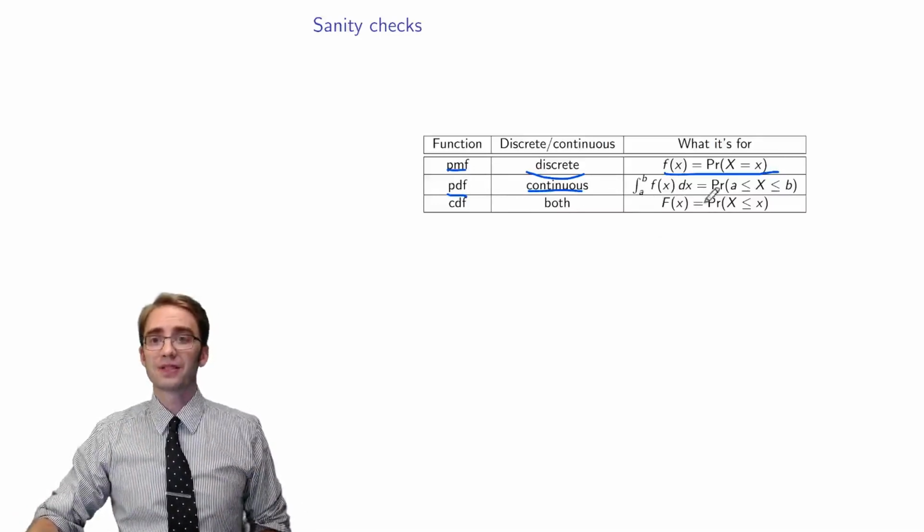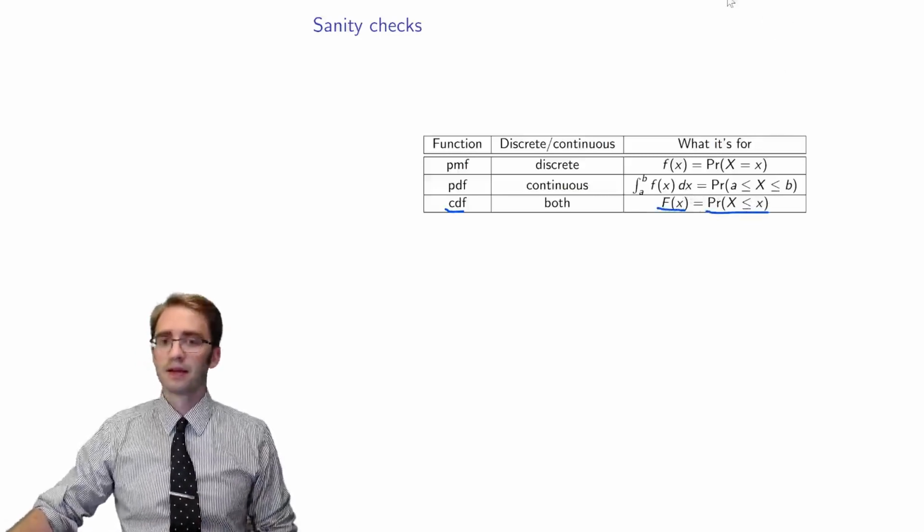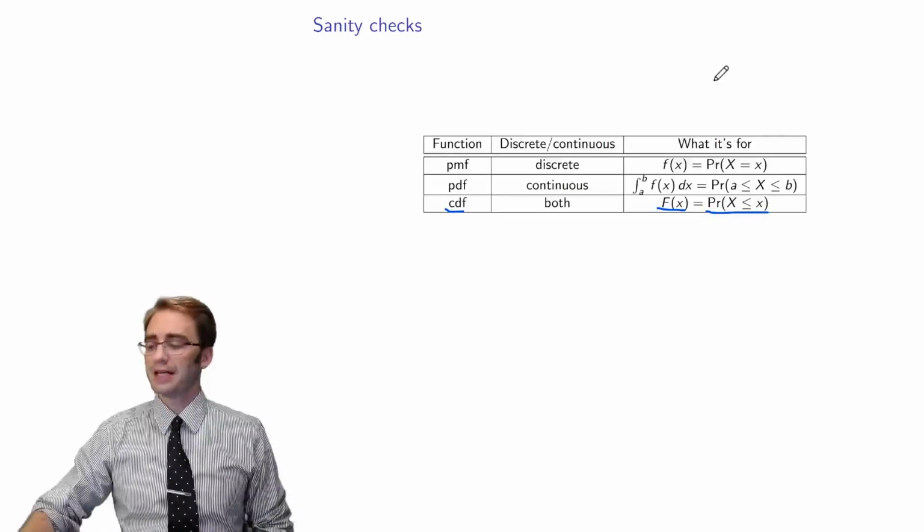It says the probability that my random variable lies between A and B is this integral. The CDF actually applies to both of those. That is a concept that works just fine for both discrete and continuous random variables. The CDF, F of x, is just the probability that the random variable is less than or equal to x. That's sanity check number 1.